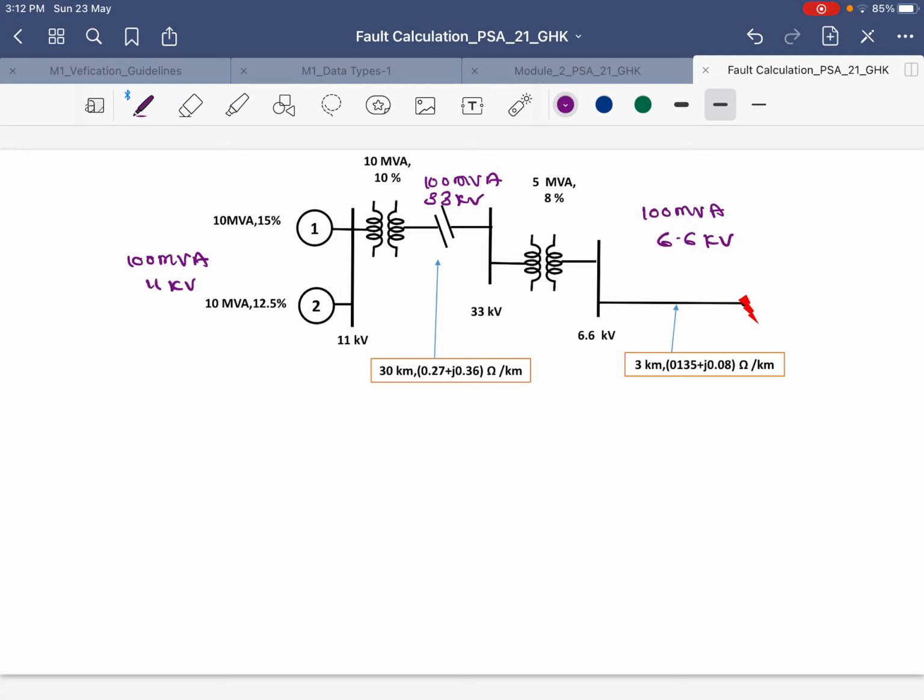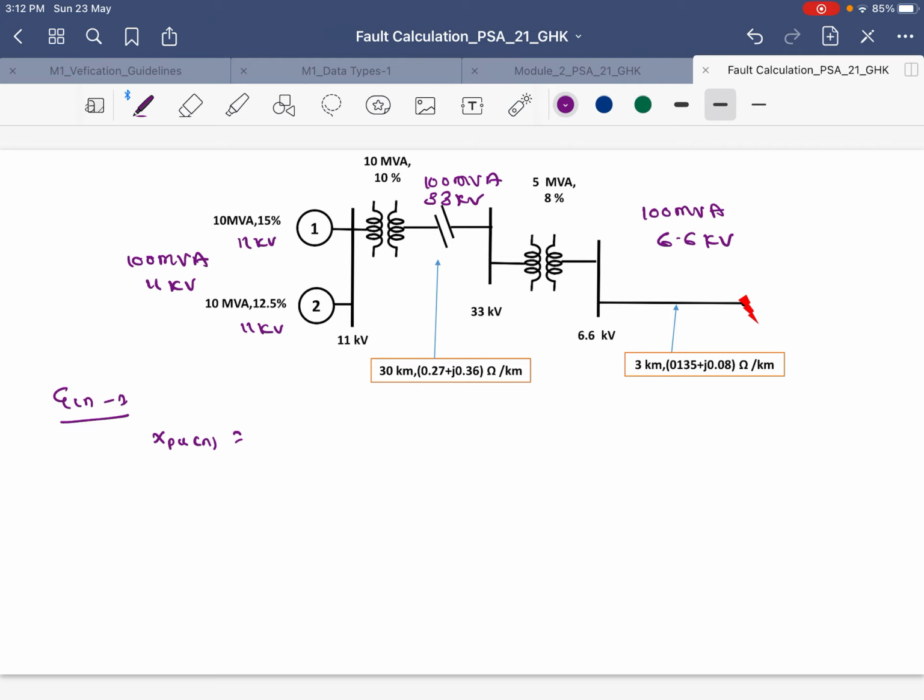Therefore, for generator 1, you have to find X per unit new. X per unit new is equal to kV old, which is 11 kV, over kV new, which is also 11 kV, whole squared.